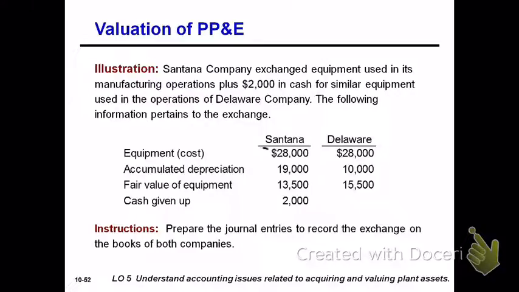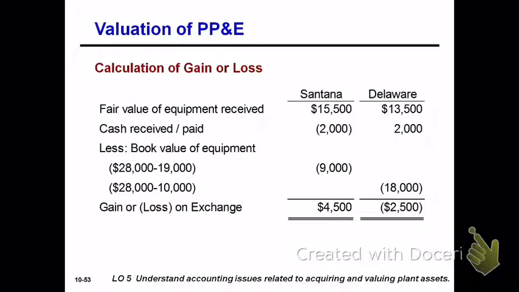So here is the book value of Santana's, and then we have the fair value plus the cash. And Delaware, here is Delaware's book value and the fair value. So the fair value of what's received by Santana is $15,500, and they're paying cash, so we take that out.